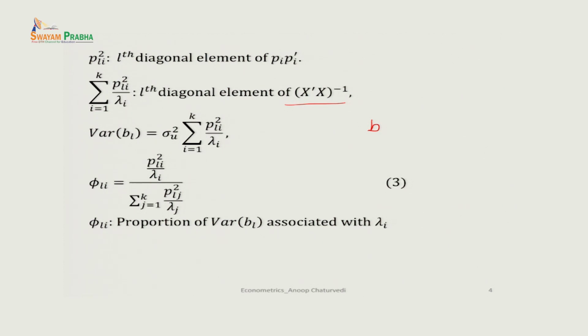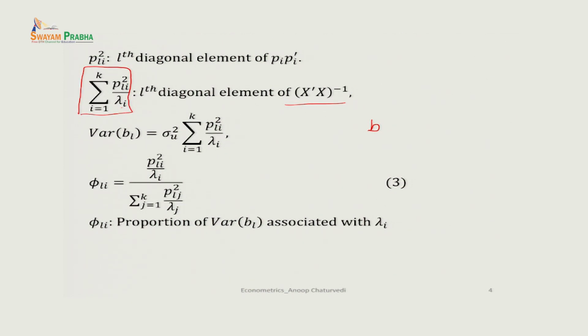Say this is the total variance of b l, the lth component of b. And then this has various components, say the variance associated with first eigenvalue lambda 1 is p l 1 square upon lambda 1.